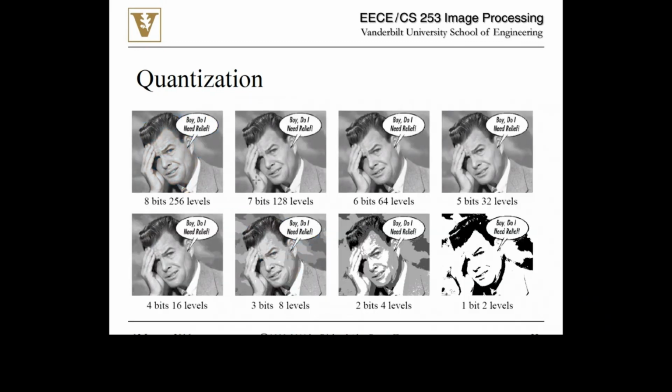And here you have the effect for different quantization steps. So if your delta is 2, then instead of 256 levels, now you have 128 levels. And you barely see the difference again. Now this is with delta 4, so this is delta 2, delta 4, or this is delta 8.